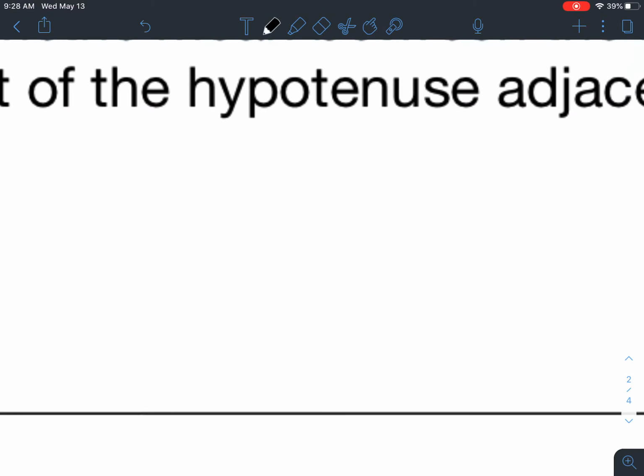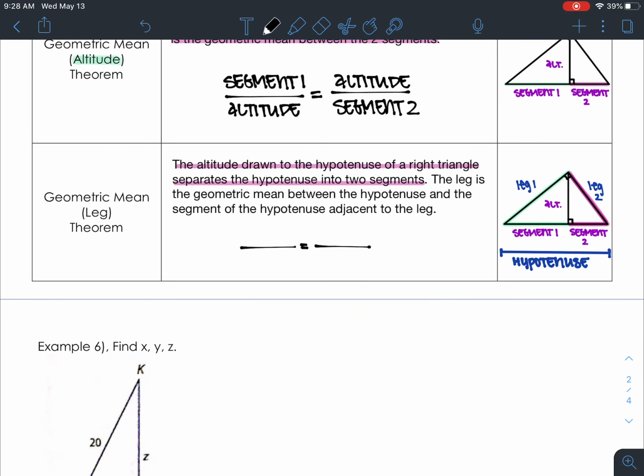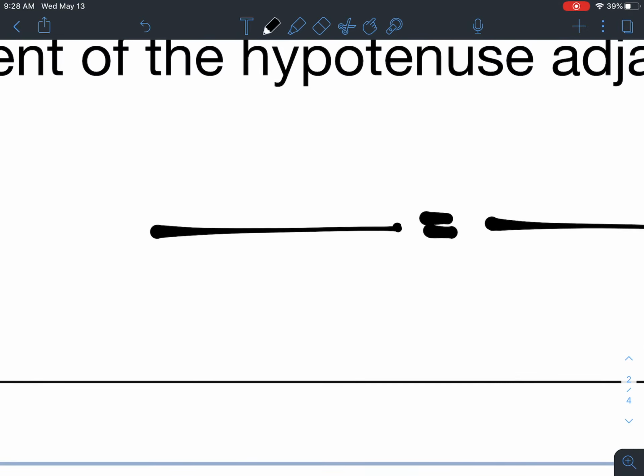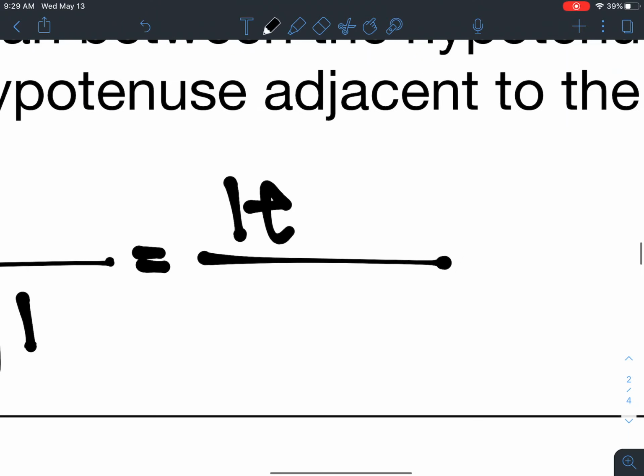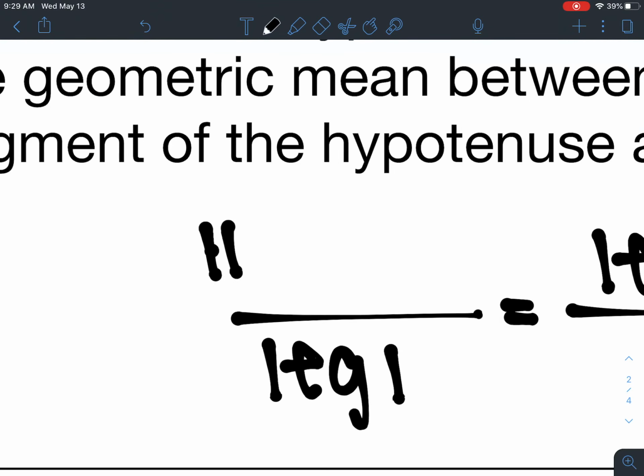So once again, it's a geometric mean, which means that it's going to be in the form of a proportion, okay? And it says that the leg is the geometric mean between the hypotenuse and the segment of the hypotenuse adjacent to the leg. So I'm going to just go ahead and write it for leg 1. So we're going to do leg 1, and we're going to go ahead and label this top one hypotenuse.